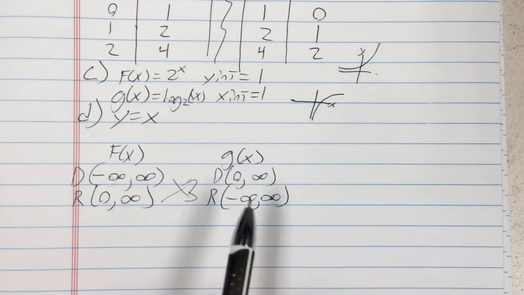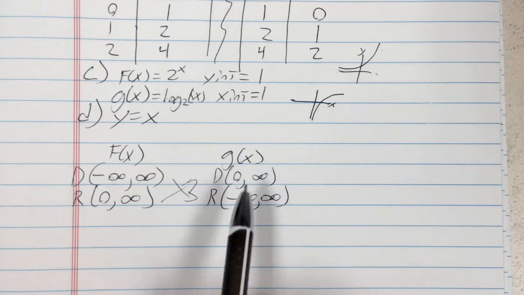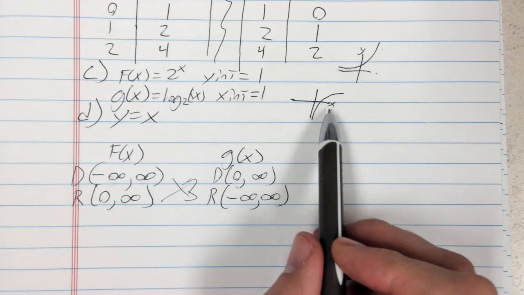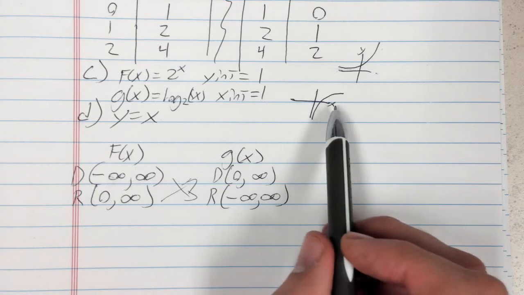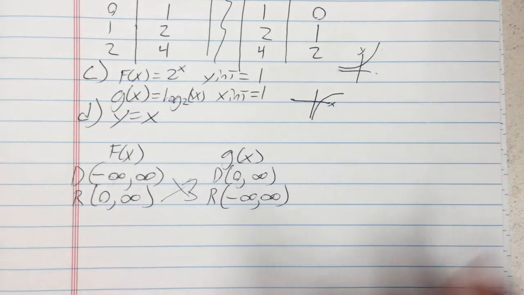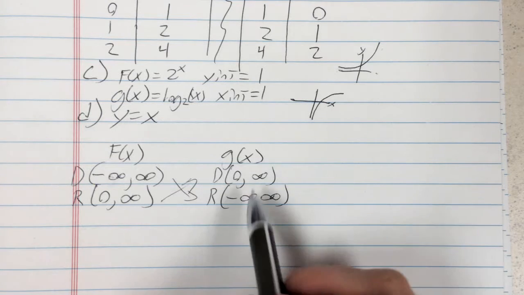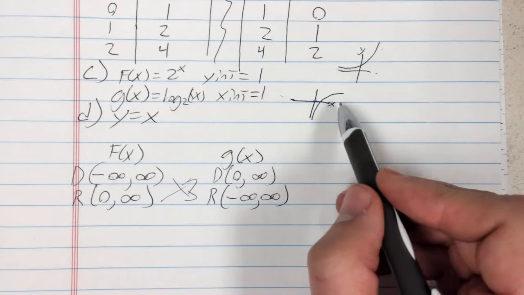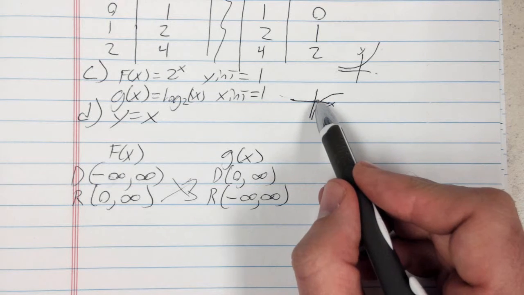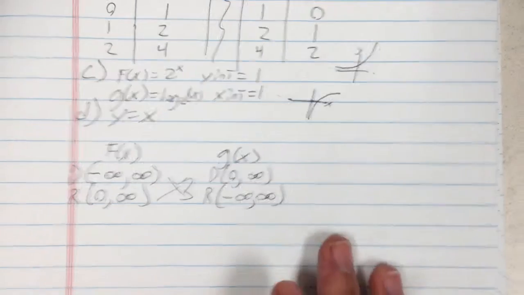And then for the logarithm, as x approaches negative infinity, well, it doesn't actually approach negative infinity. It's as x approaches 0, because as it goes left, it doesn't go left to negative infinity. So as x goes left, approaching 0, that would be the interesting piece on g.